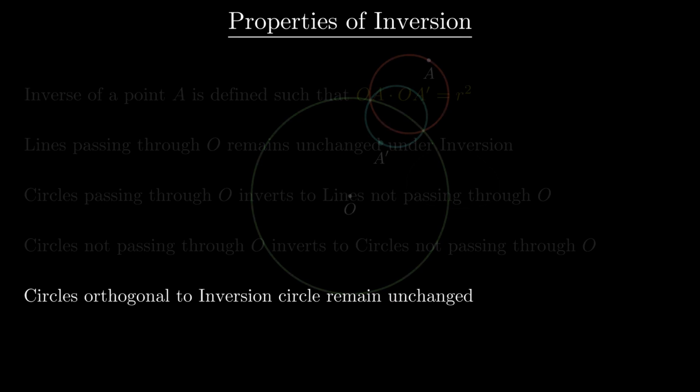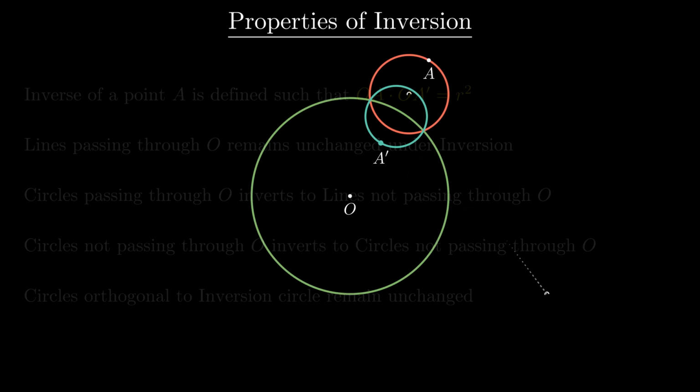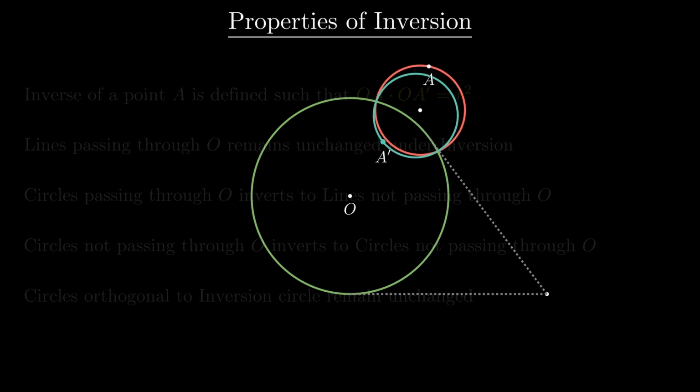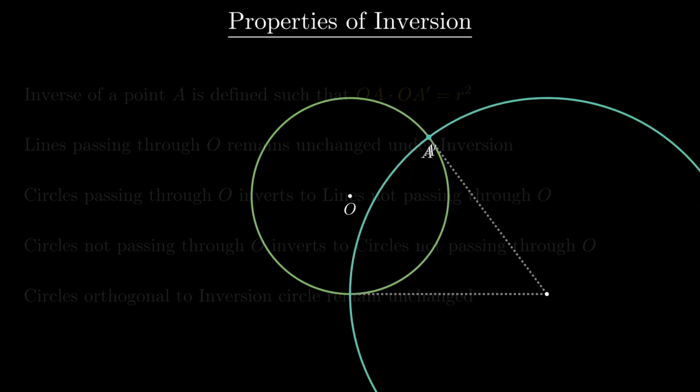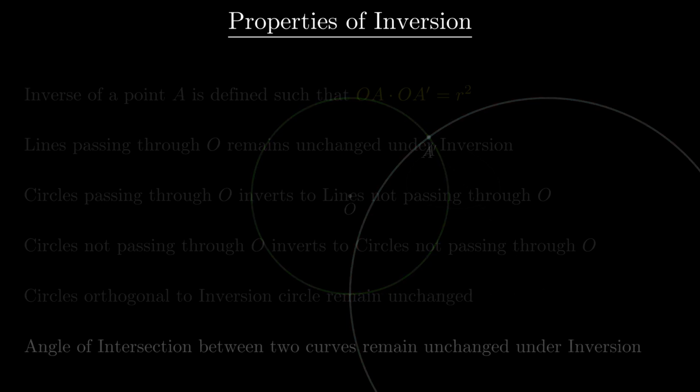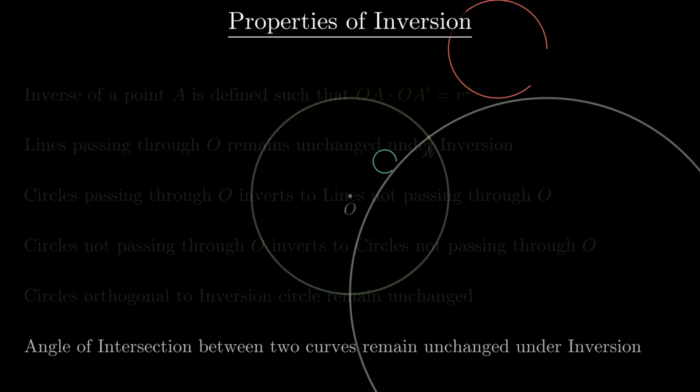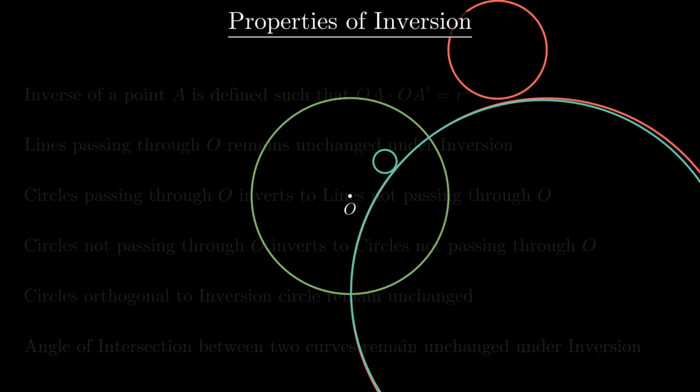Circles orthogonal to the inversion circle remain invariant under inversion. Finally, the angle through which two curves intersect does not change under inversion.